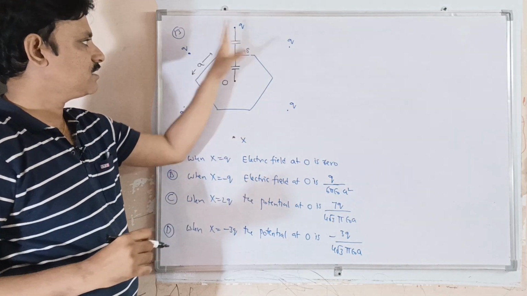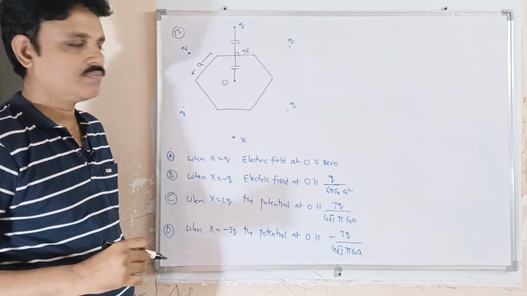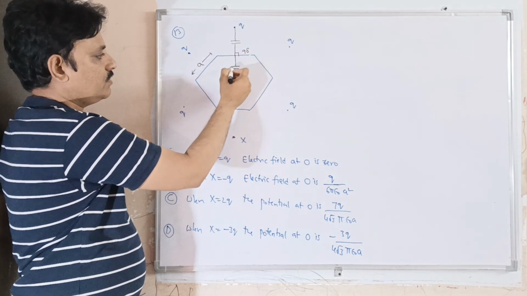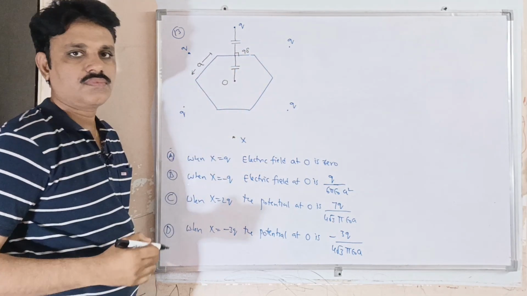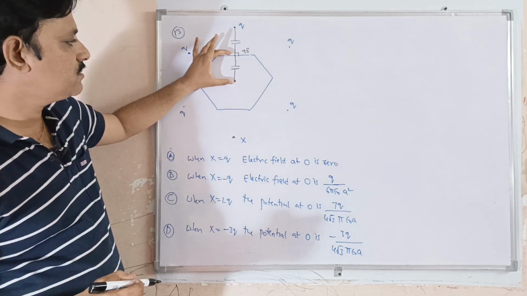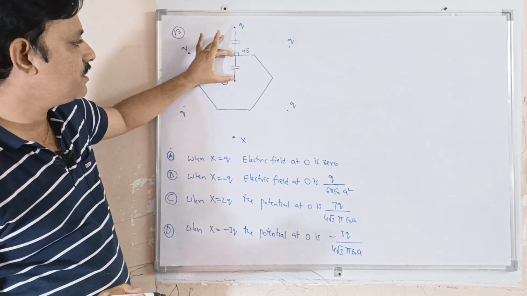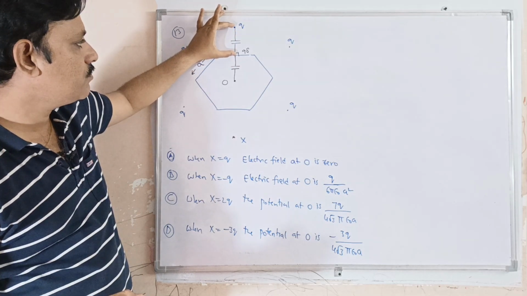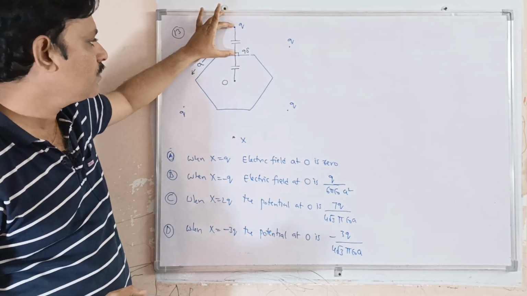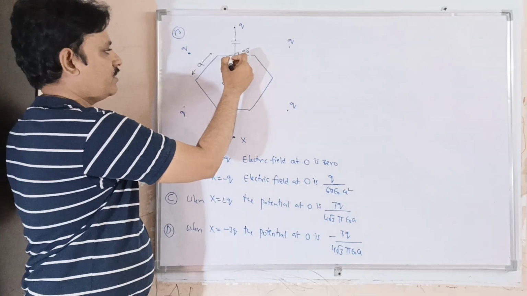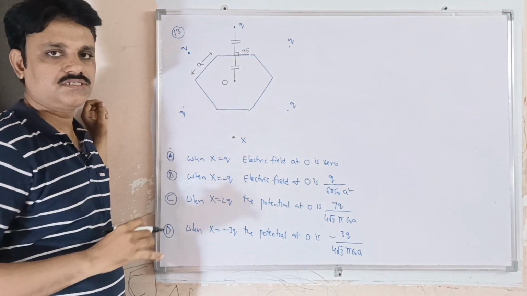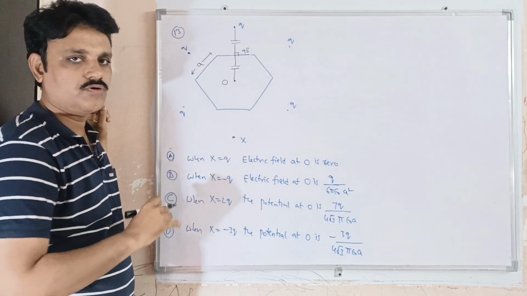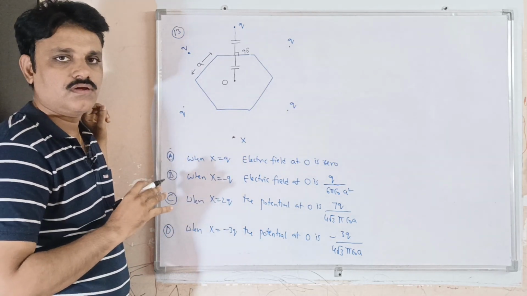The remaining charges are constant, their values are q, and the distance from here to here and here to here is equal, which means the distance from the center to the side is the same as the distance from the side to the charge outside. That is the point given. Based on this, 4 points are given. We need to identify whether these 4 points are correct or not.